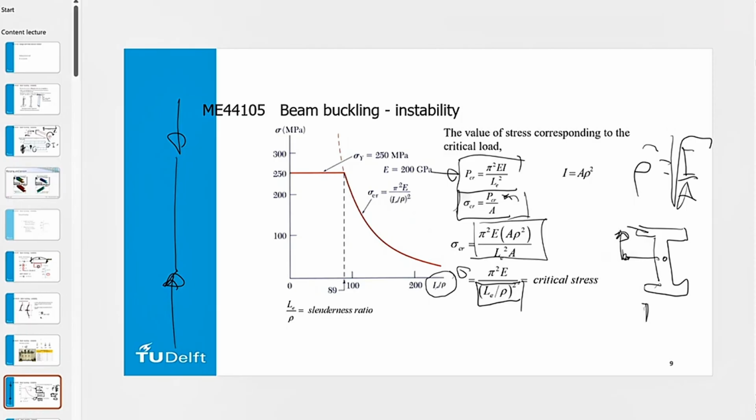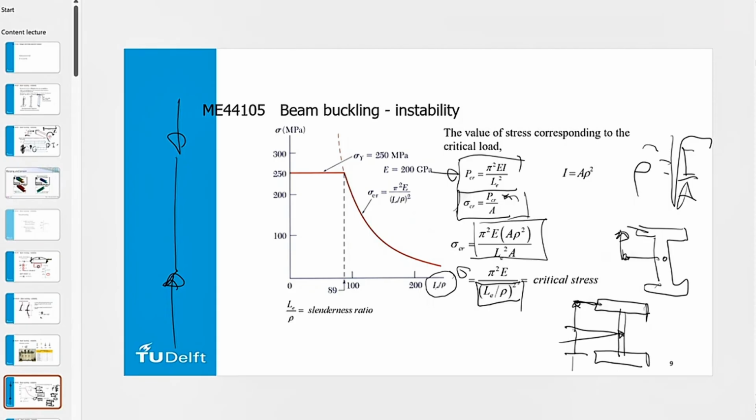And so if I have an imaginary beam, let's take an I-beam, where we take the web as infinitely small, then my radius of gyration is going to be from here to the center of the area. So it is a physical thing. Yeah, so that is good to take into account.